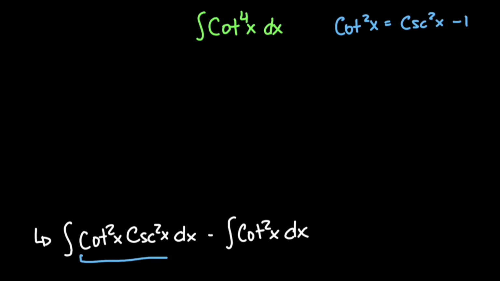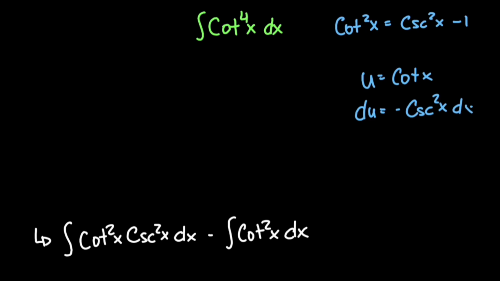Focus on the first part. Let u here be cotangent of x. The derivative of cotangent of x is negative cosecant squared of x, and multiply this by dx. So the value of dx right here would be equal to du over negative cosecant squared of x.